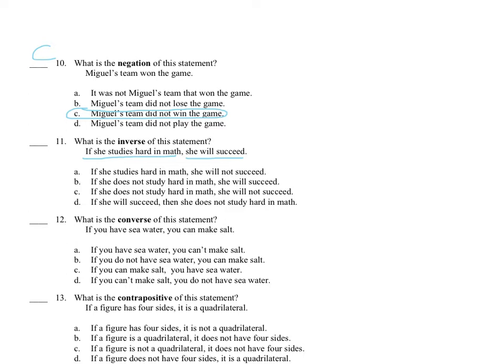So in an inverse statement, we take the hypothesis, we insert not, in both the hypothesis and the conclusion, and we keep it in the same order. So my answer here is C. If she does not study hard in math, she will not succeed. Notice it's the same order, we just replaced it with not.